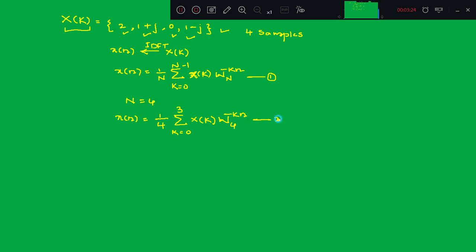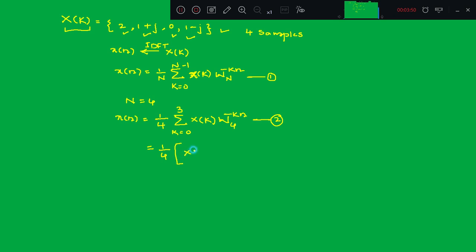Let me consider this as equation number 2. While computing DFT, in the DFT equation we used to substitute n values from 0 to 3, but for the IDFT case we have to substitute k values from 0 to 3, so that this 1 by 4 remains as it is. So now let us substitute k values from 0 to 3.